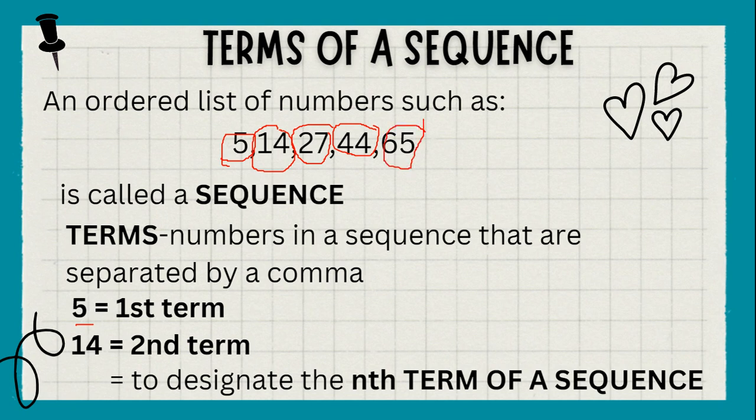That is the fifth term. So to designate the nth term of the sequence, pwede na nimo butangan og laing numbers. So nth term of the sequence, kapila nga term sa sequence.